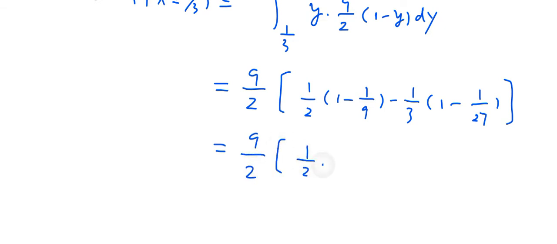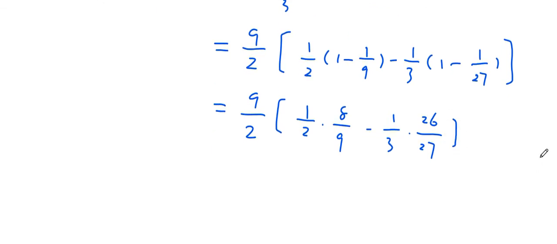Half 9 over 8 minus 27 over 26. Okay, so we cancel this 4, it's just math.